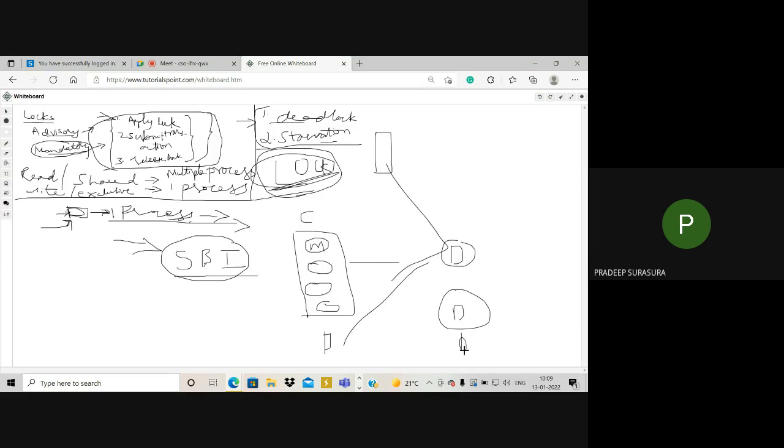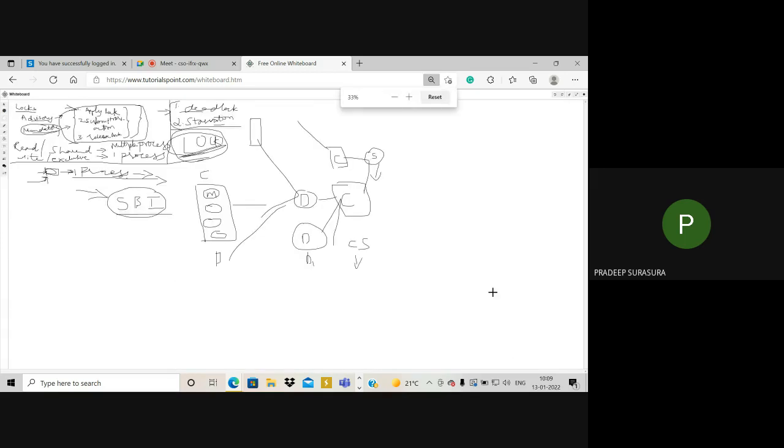You have multiple districts connected to one cluster, and multiple clusters are connected to one state, and from one state they are connected to a cluster of states, and from a cluster of states they are connected to one national center.